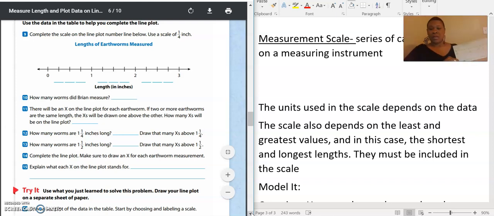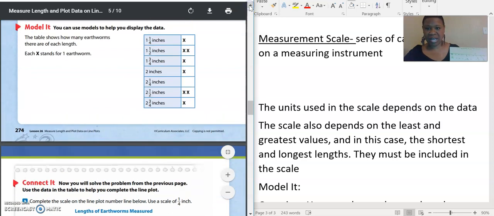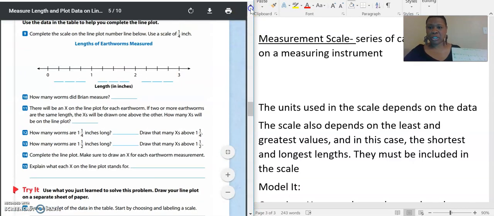Okay. How many worms are 1 1/2 inches long? So we go back up. Check out what we put in here, and then we put 2 X's there, right? Uh-oh, don't want to go back down that far. We put 2 X's there.